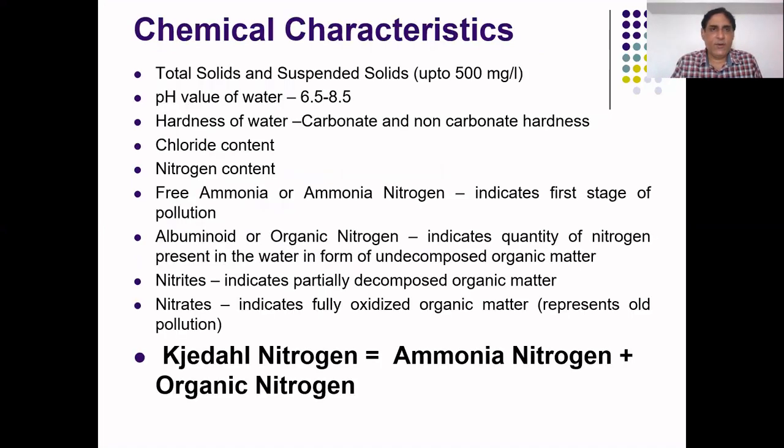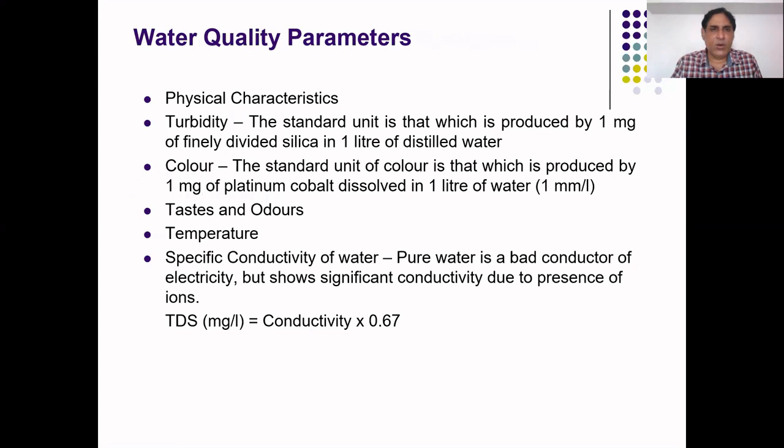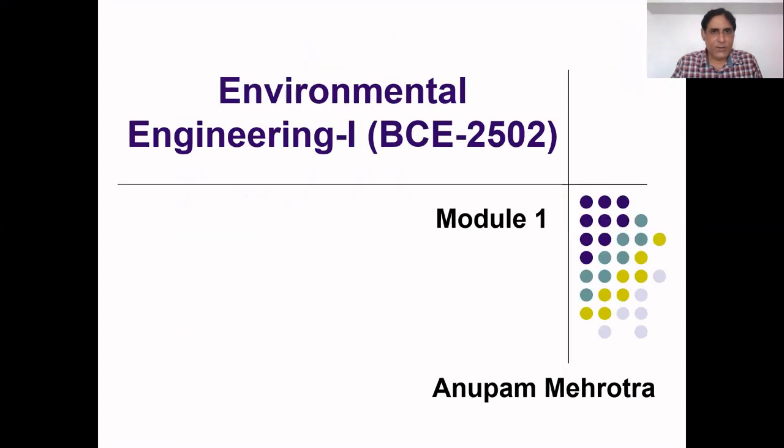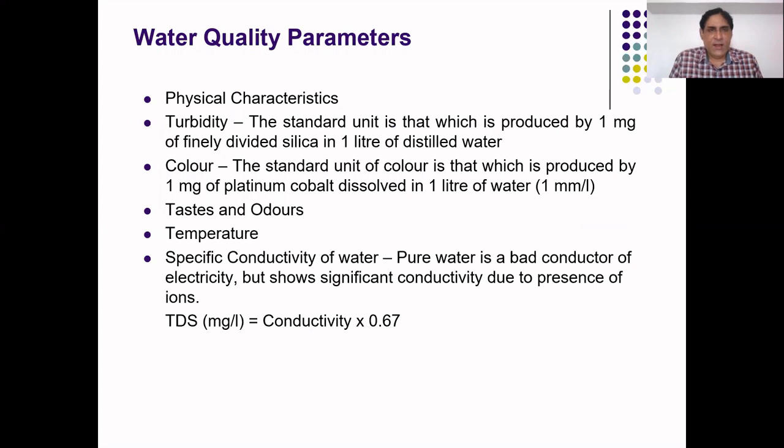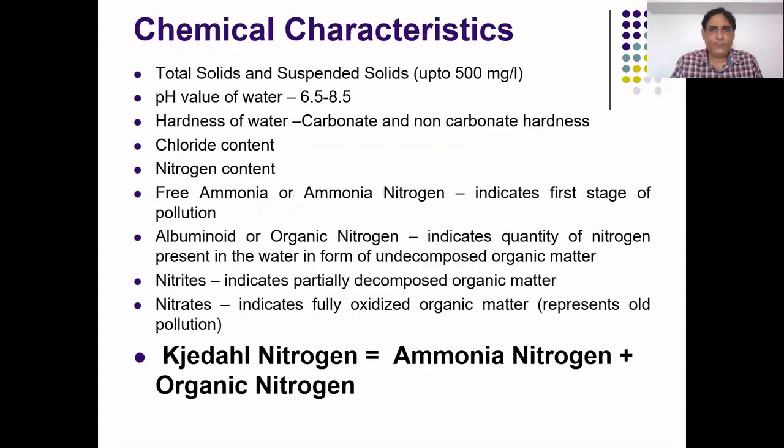So today we have dealt with the water quality parameters in module 1. The physical characteristics included turbidity, color, taste, odor, temperature, and specific conductivity of water. Chemical characteristics included the total solids, suspended solids, and total solids minus suspended solids are the dissolved solids.